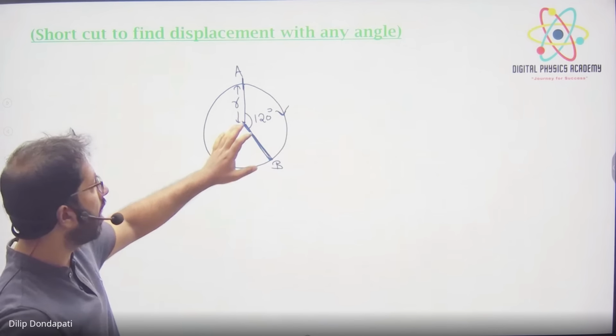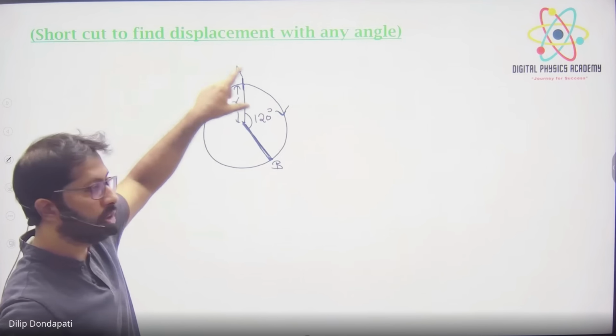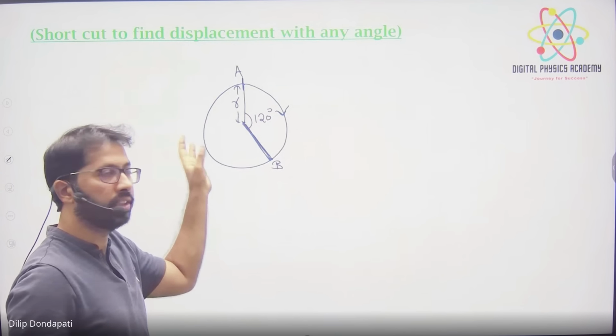So for that we have a shortcut to find the displacement, and that will be useful only in circular motion, for any angle. It can be 160, any angle.